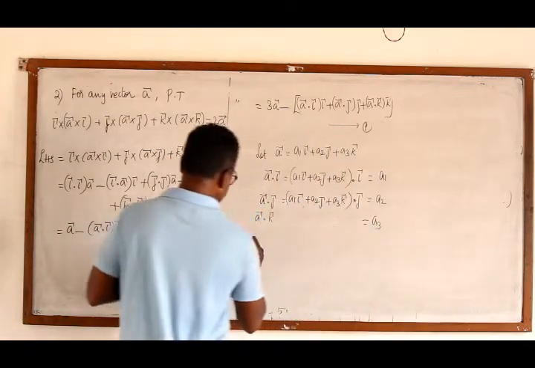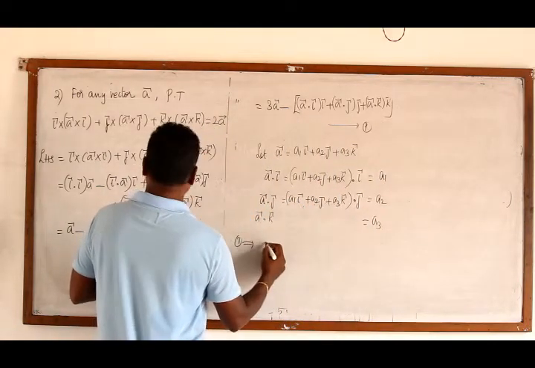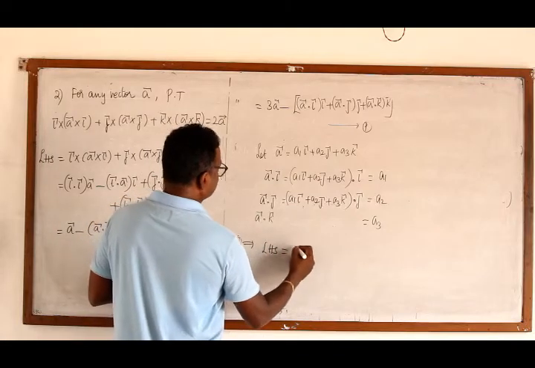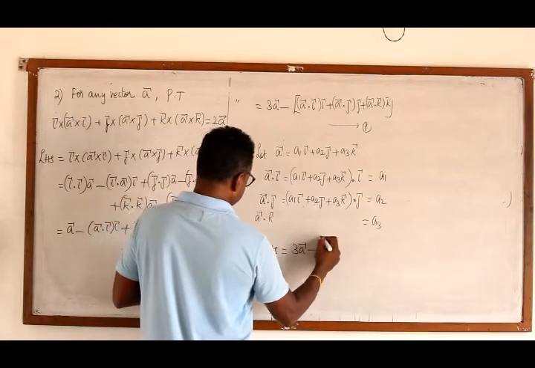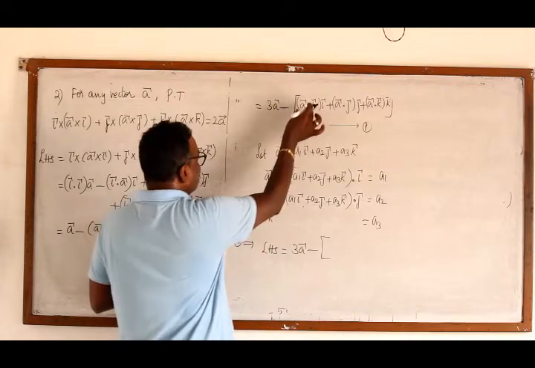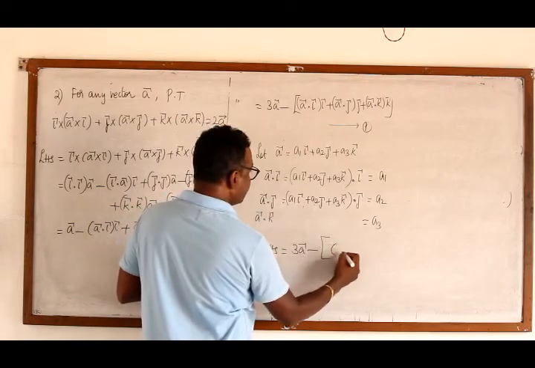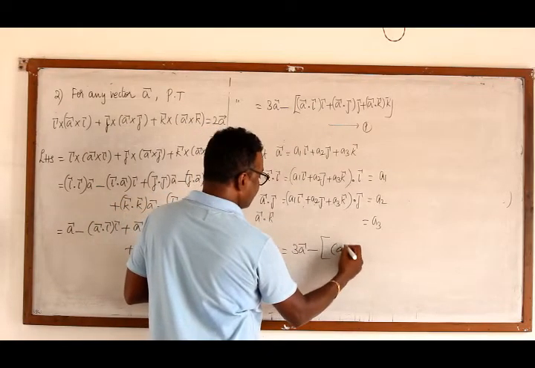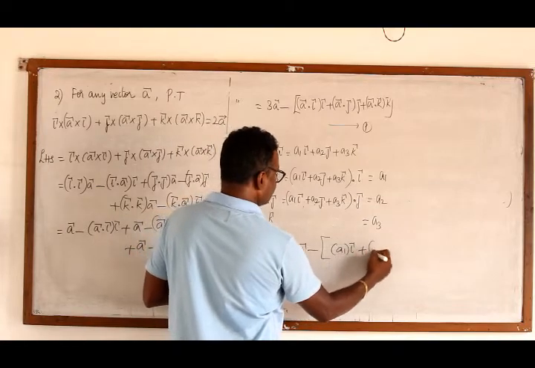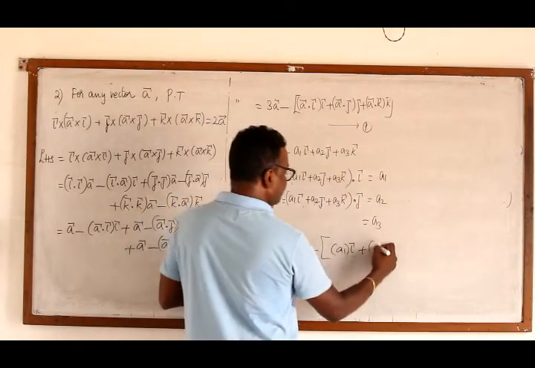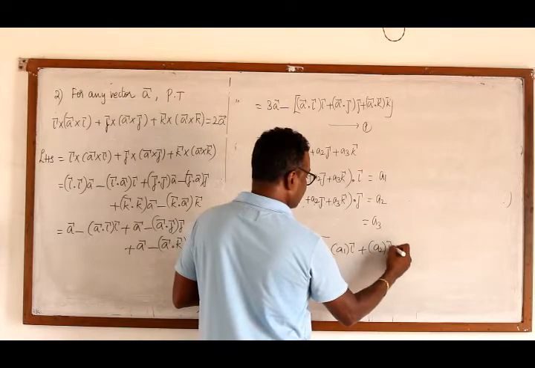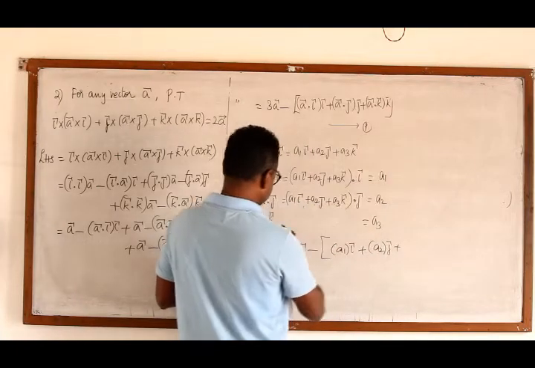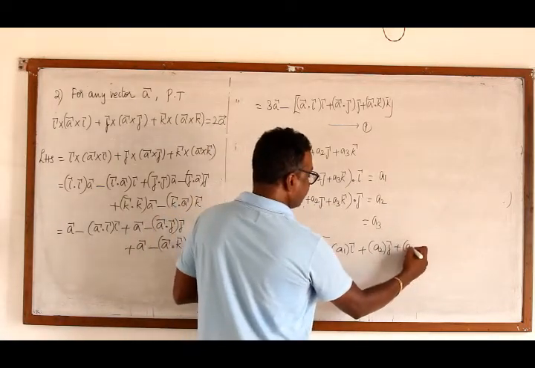Therefore, result 1 becomes left hand side equal to 3A vector minus, let me substitute this for only the brackets. A dot i is A1 into i, plus this bracket is A2 into j, and this bracket A dot k is A3 into k.